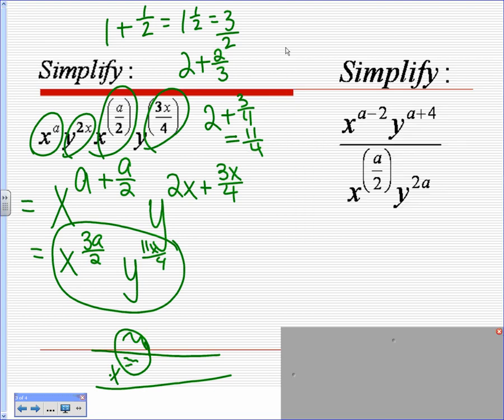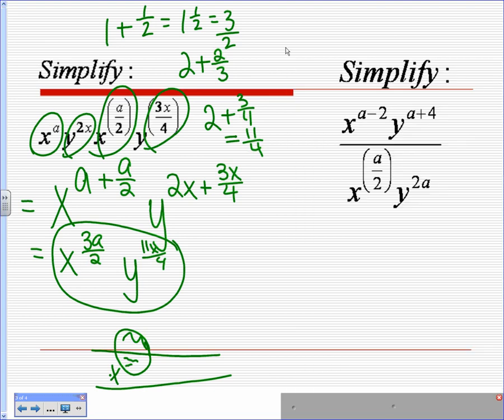Okay, looking at another one. So, it's a little bit different. Now we have a fraction. We want it to be just like this answer was, with one x and one y. So how do we make it not a fraction?